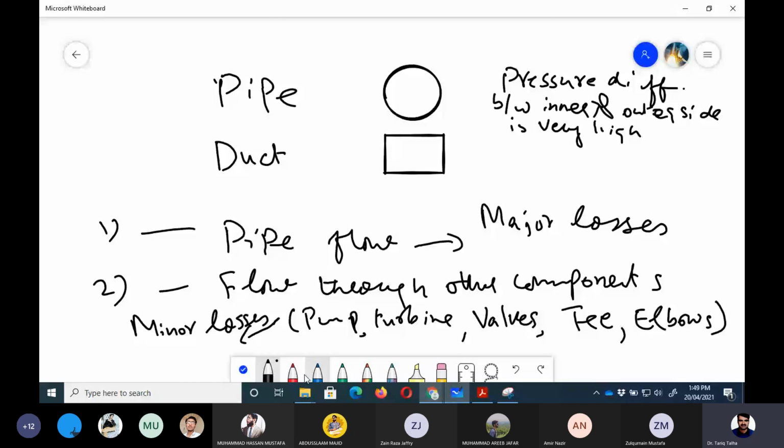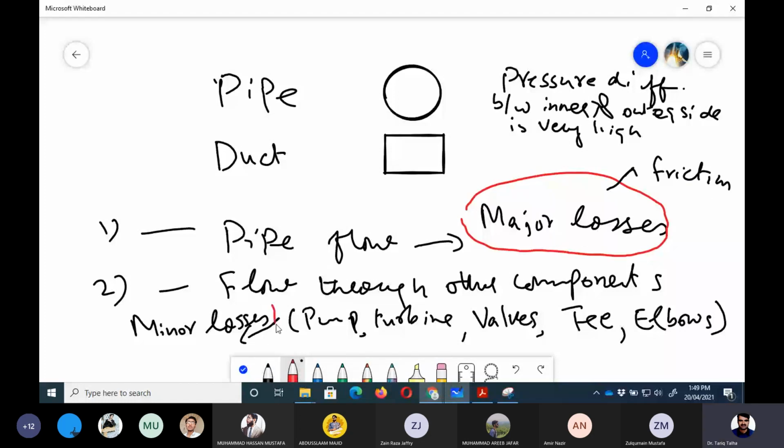The losses through these other components are covered in minor losses. So we call them minor losses. Again, they are not minor, and it is very much possible that the value of these minor losses is greater than the value of these major losses. Major losses are due to friction or viscosity, and minor losses are due to discontinuity in the flow. Like in valves, we reduce the volume flow rate. In a T, we divide the flow into branches, and in elbows, we turn the flow in some other direction.